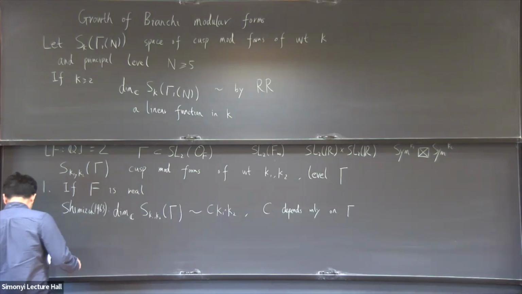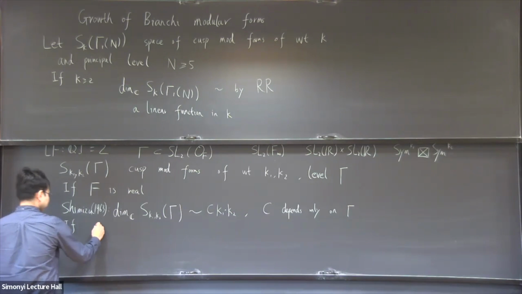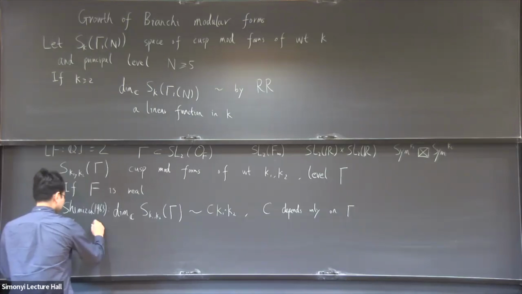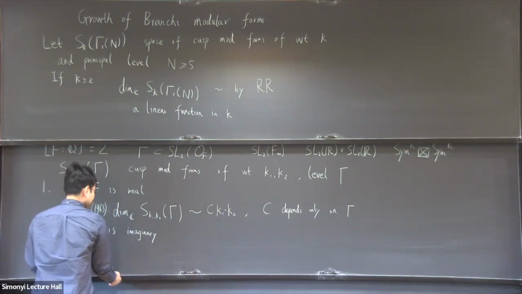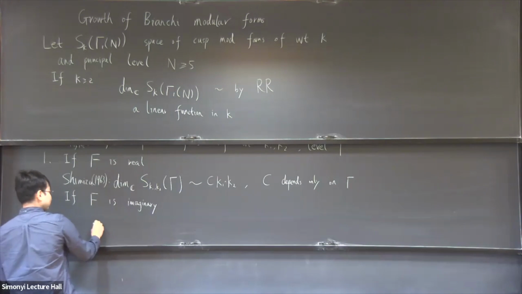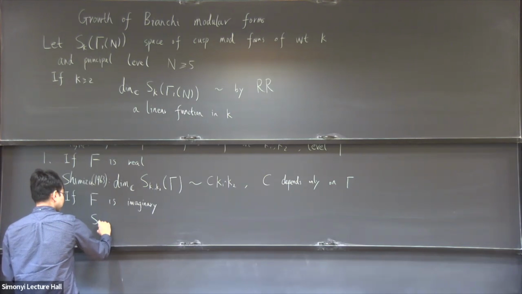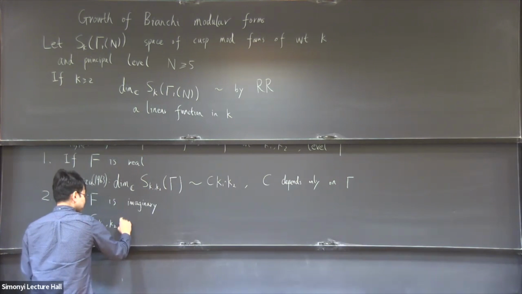We're left to consider the imaginary quadratic case. Actually, things become much more complicated. For example, this space would vanish if k1 is not equal to k2.